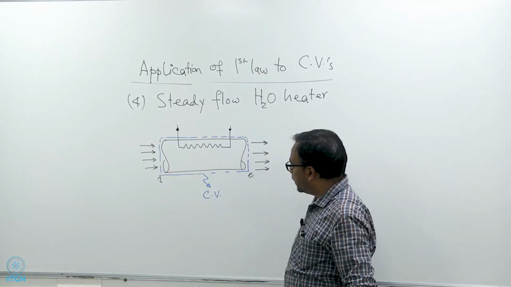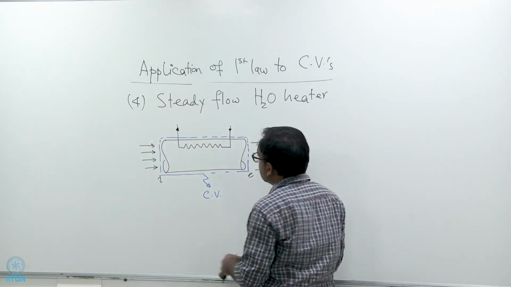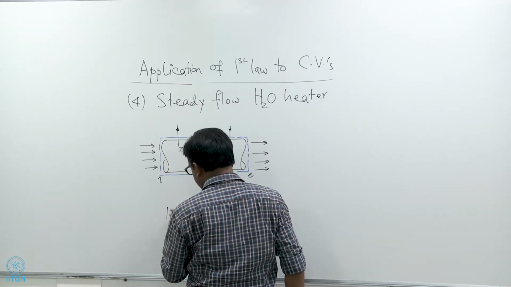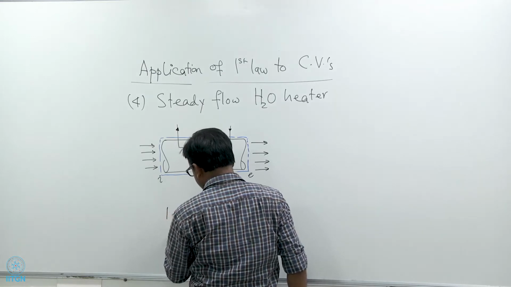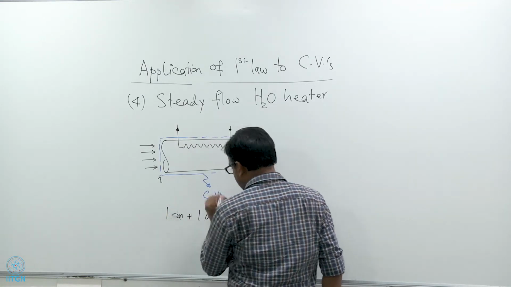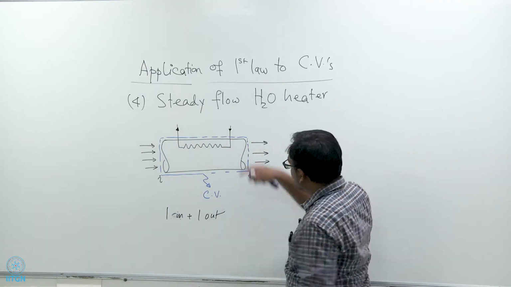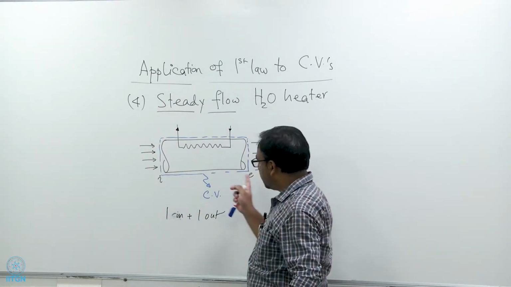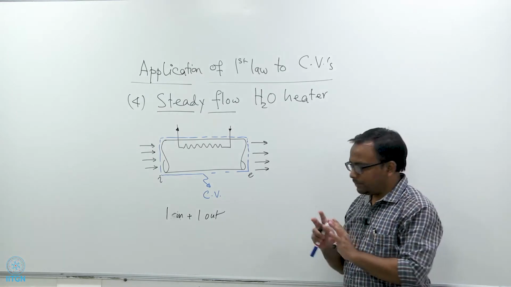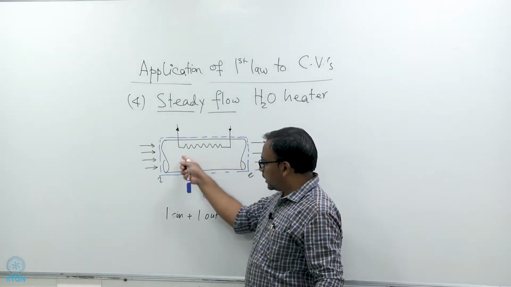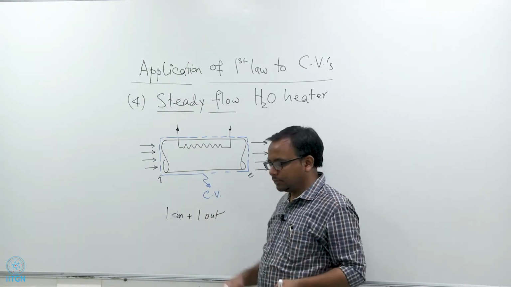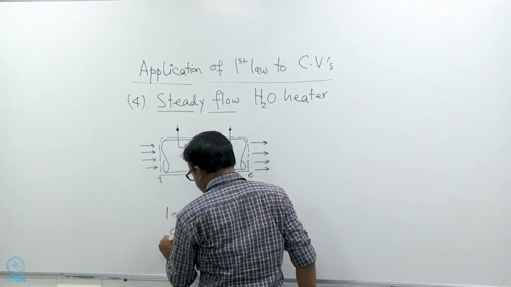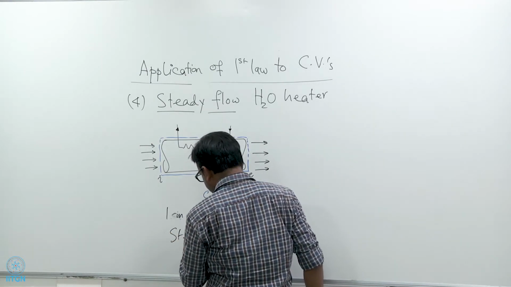There is only one inlet, only one outlet. So I will write down 1 in plus 1 out. What else? Steady flow. So the mass flow rate in and the mass flow rate out are not changing with time. In fact, the conditions inside the control volume are also not changing with time. So it is steady state.